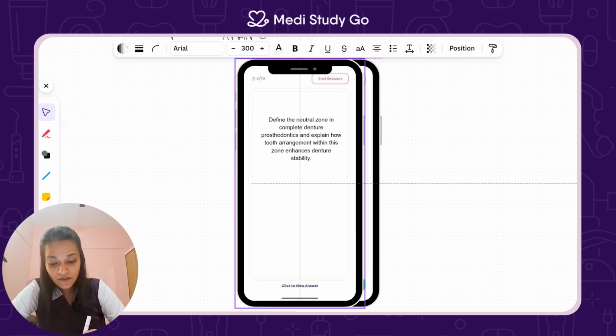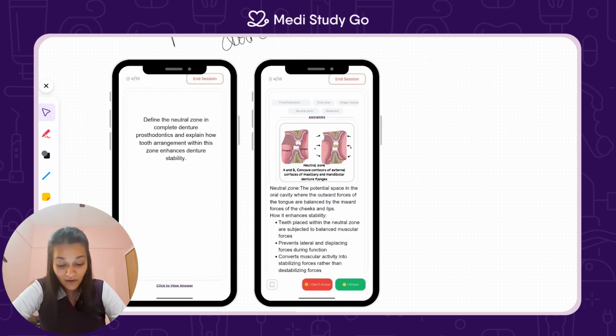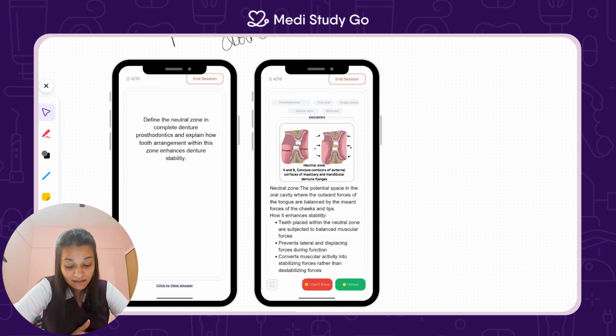And why is it so important? Because when the teeth are placed in the neutral zone, they have balanced muscular forces. This will prevent lateral displacement during function and it will convert the muscular activity into a stabilizing force. Rather than displacing, it turns into a stabilizing force.